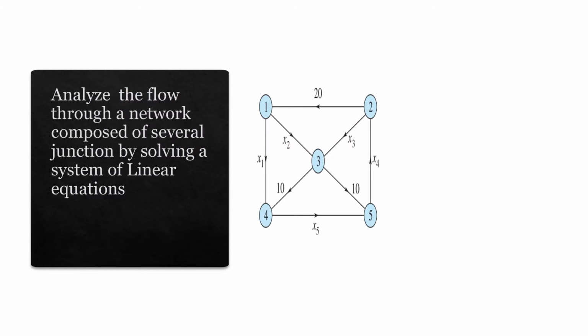So here a flow chart, a network flow, is given, and we are trying to solve this system using systems of linear equations. So we have unknowns x1, x2, x3, x4, and x5. We have to consider these junctions separately. In the junction x1, it looks like there are 2 outputs and 1 input.